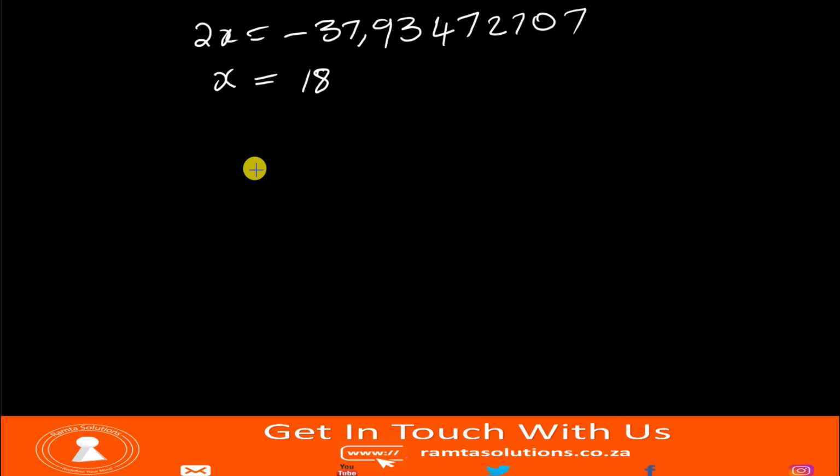Now, when we divide that by 2, we can now round off to 2 decimal places. It will then become negative 18.97 degrees. Okay? All right.